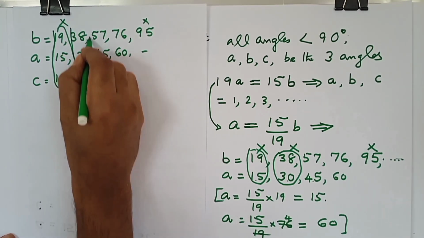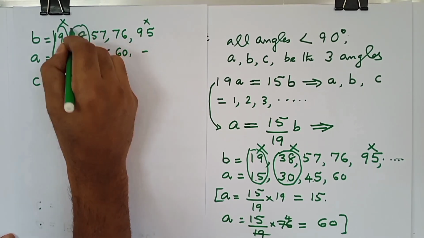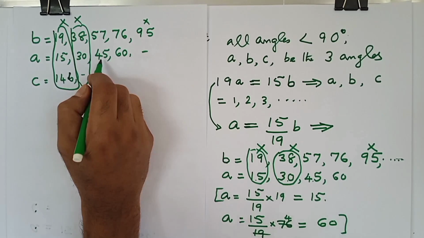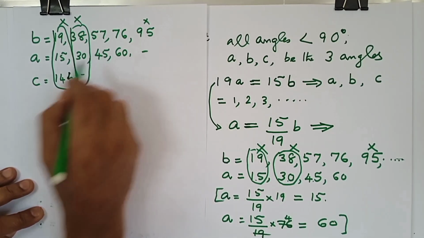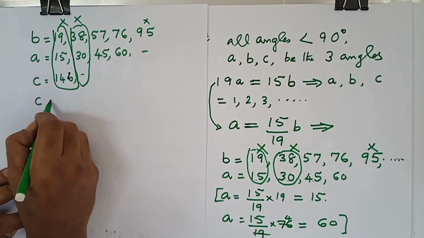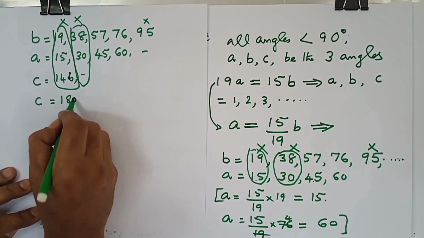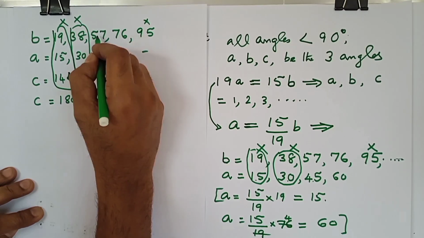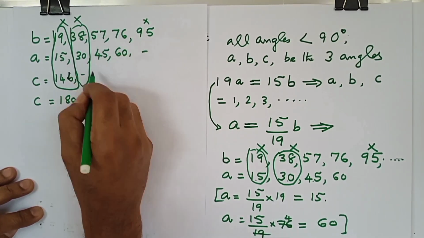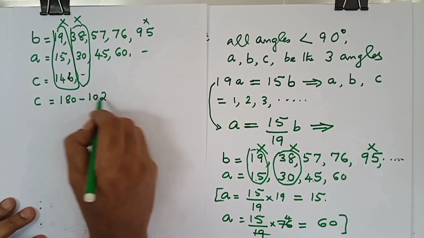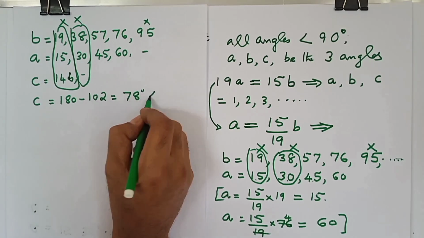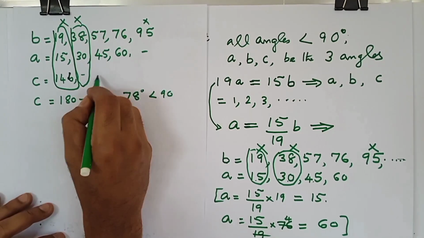Don't waste time working out this one. This is also out. Now look at the third pair you have got, 57 and 45. Corresponding to which, what will be C? C will be 180 minus the sum of these two. The sum of these two means 102, which gives 78. 78 is less than 90, so it's acceptable.